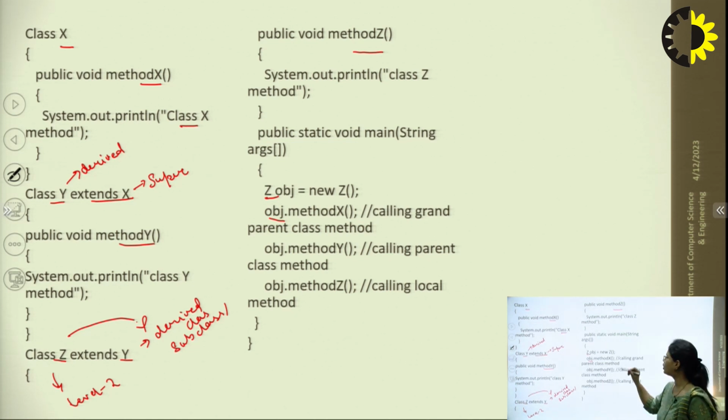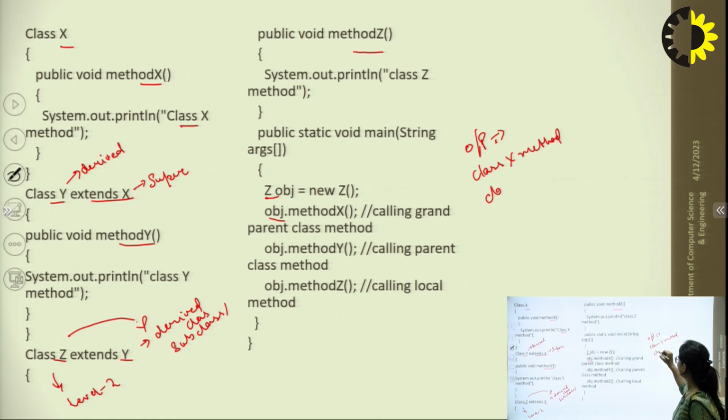So all the methods can be called, and what will be the output? Class X method, class Y method, class Z method.